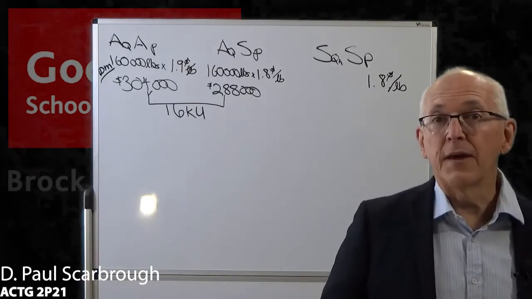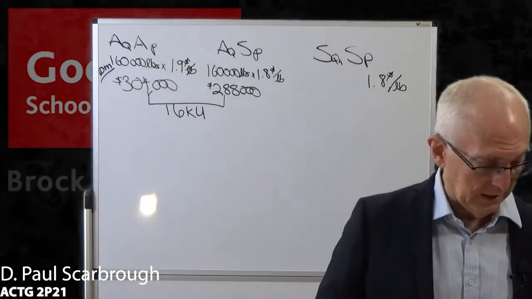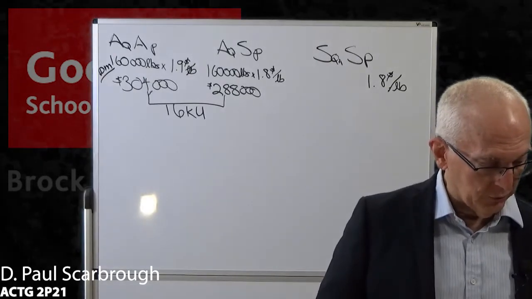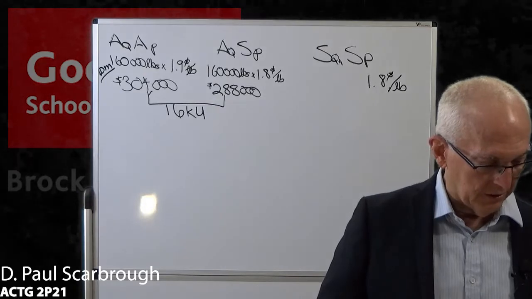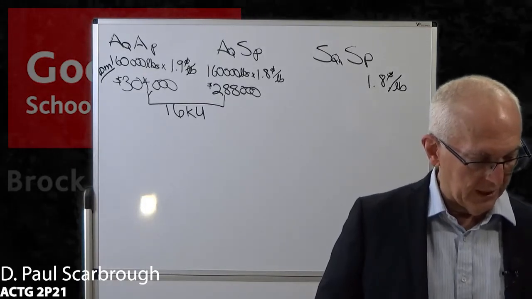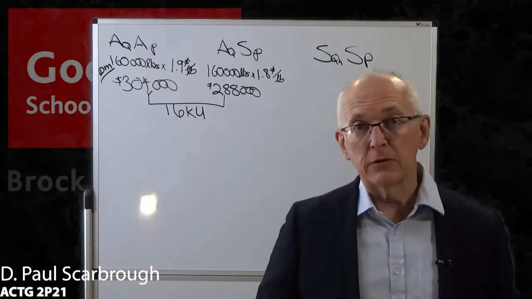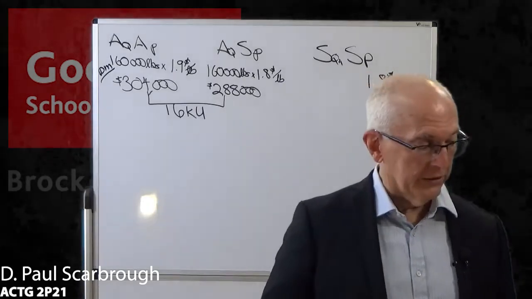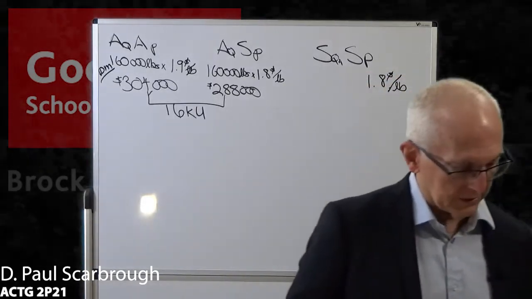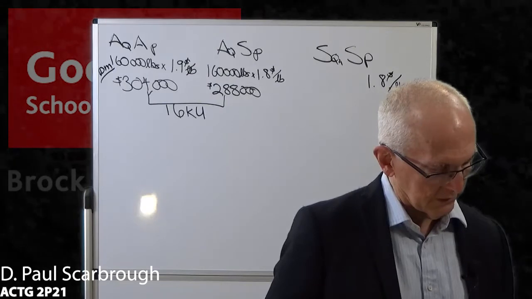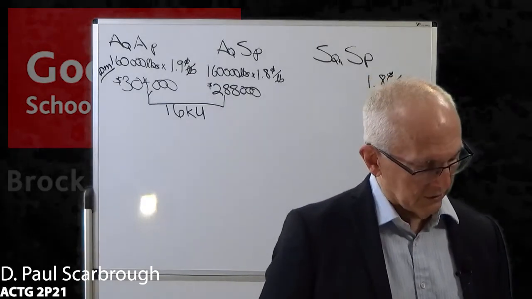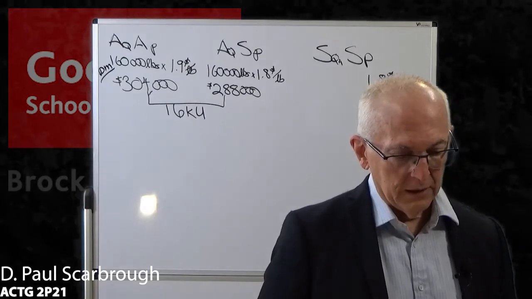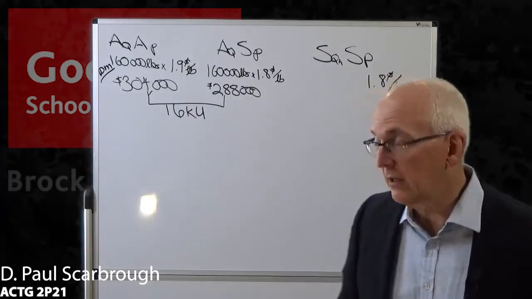We made 19,000 bows here. How much raw material should we have used to make 19,000 bows? You look in your standard cost card, and you should have used 8 pounds of raw material for each bow. So 8 times 14,000. Did I say that right? No, I said it wrong. It's 19,000. So 8 times 19,000 is 152,000.